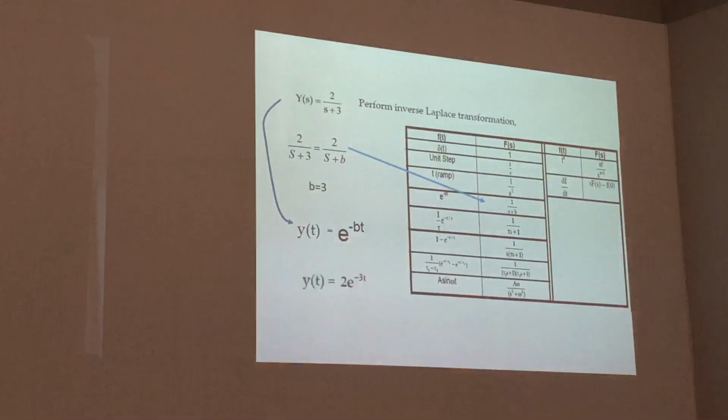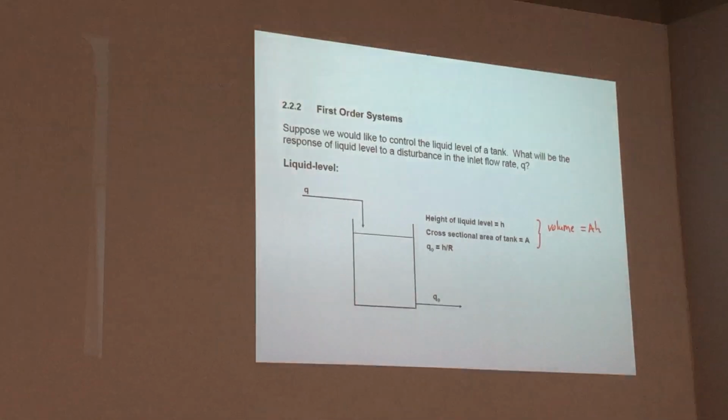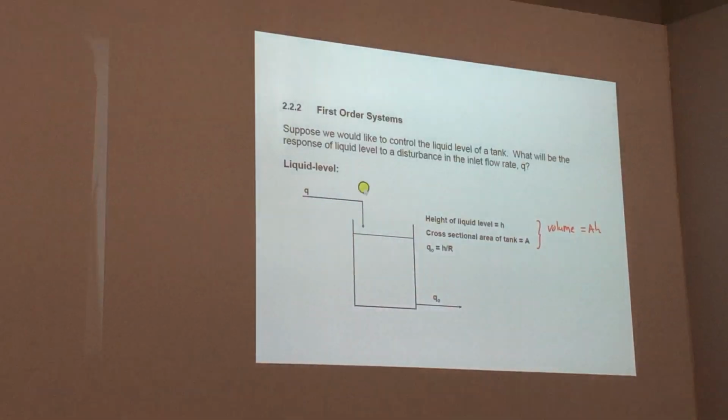So after the Laplace, we also learn about using the mass balance and energy balance to develop the process dynamics, or what we call the transfer function, right? So the example we give is this one, the first order system.